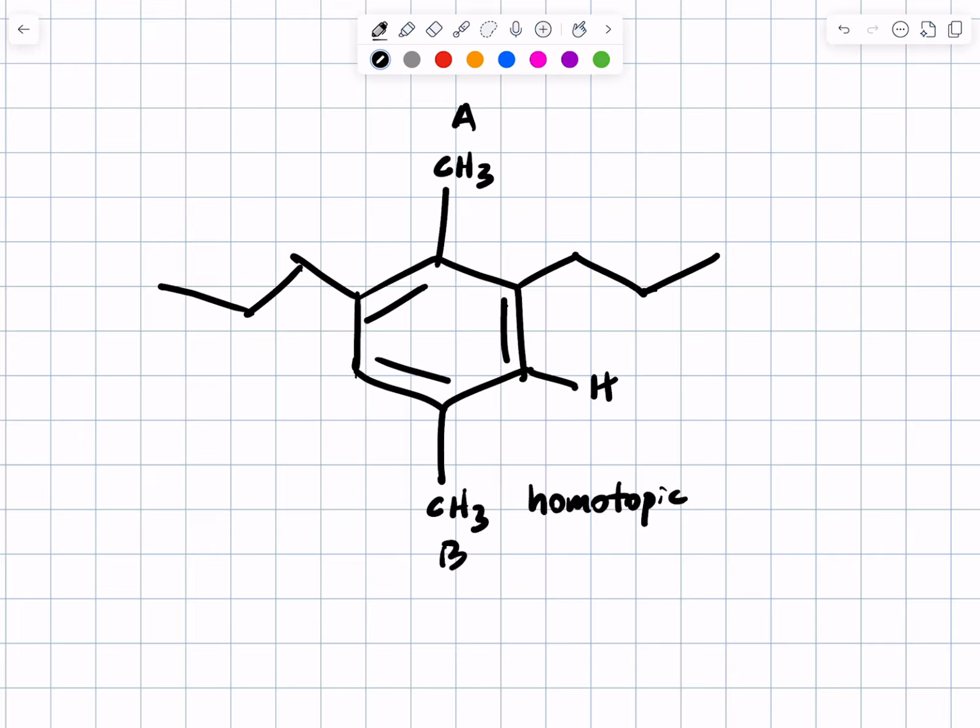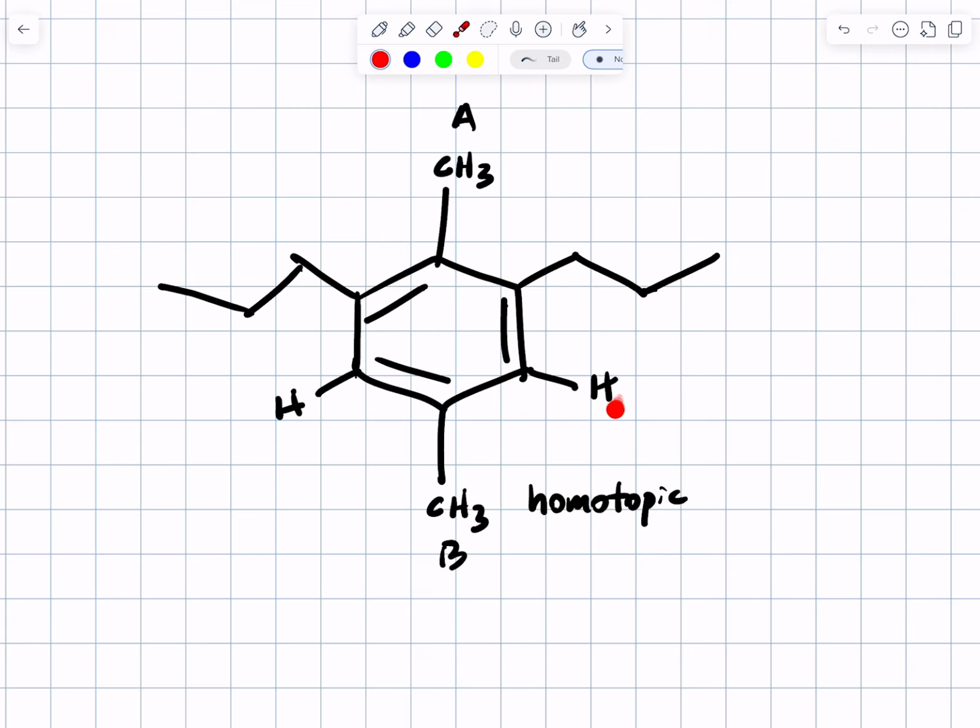How about these 2 protons? They're the same. What kind of same are they? Are they homotopic or are they enantiotopic? So they are interchangeable by a mirror plane, but they're also interchangeable by a C2 axis of rotation, which is the pancake flip.